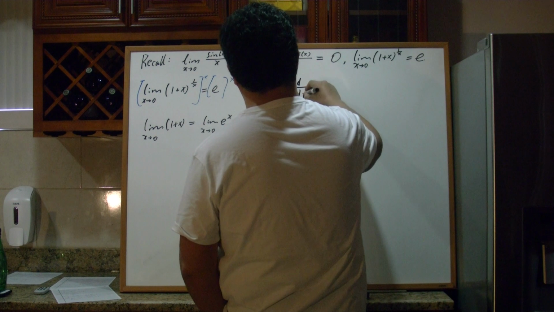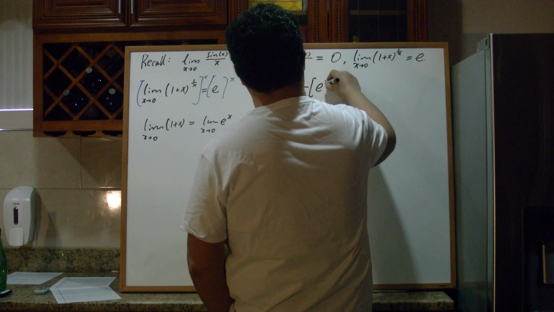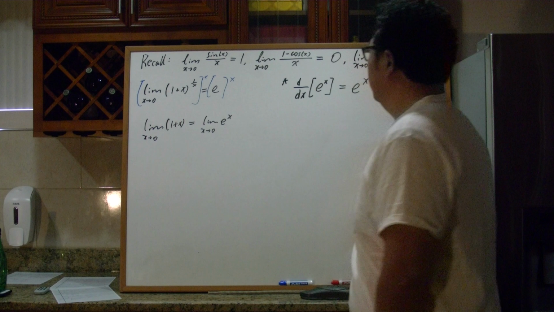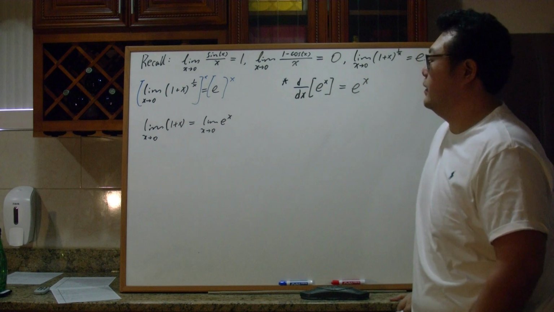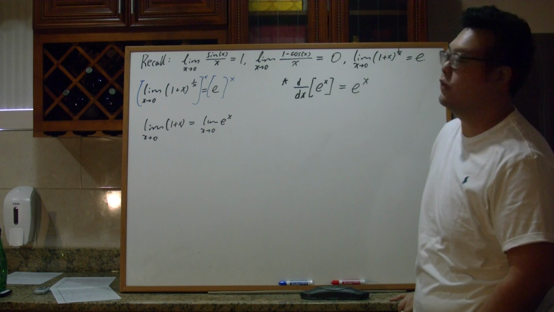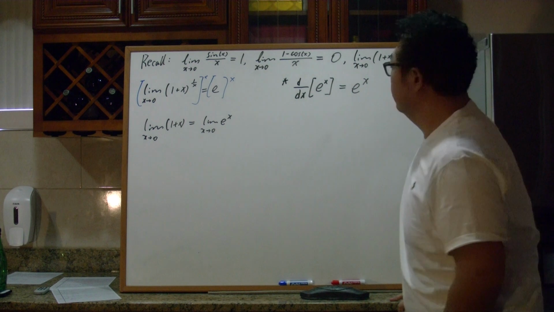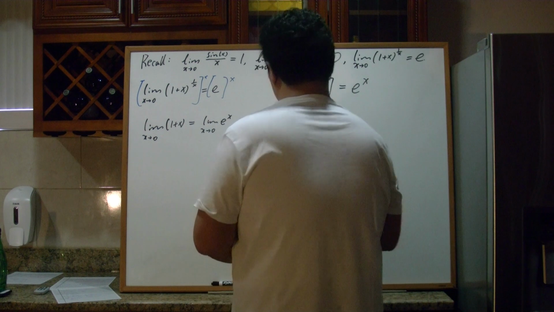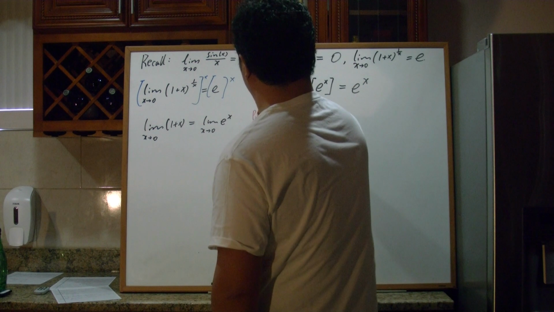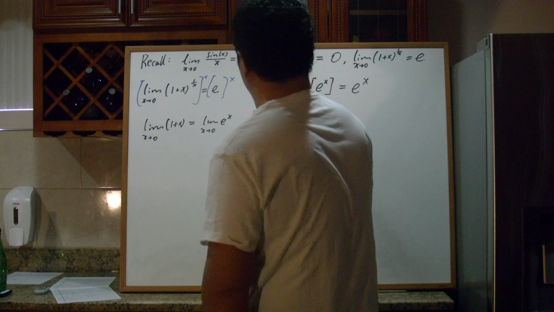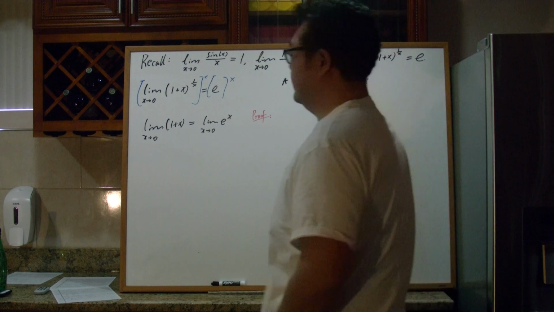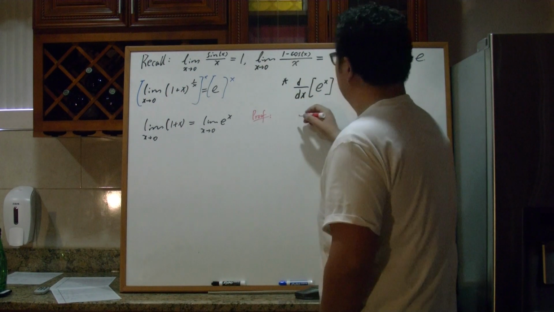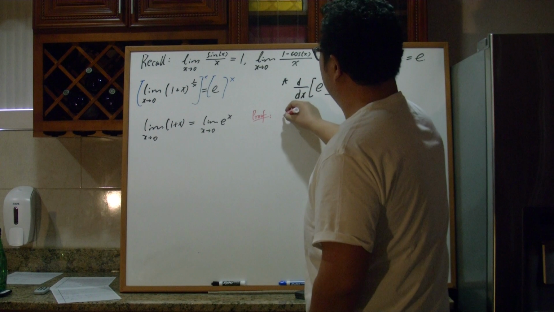We have the derivative of e to the x with respect to x, that is e to the x. So this one is a little easy to illustrate.